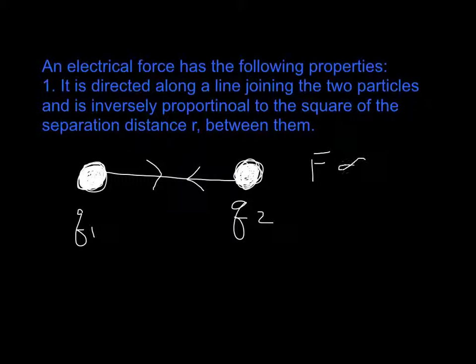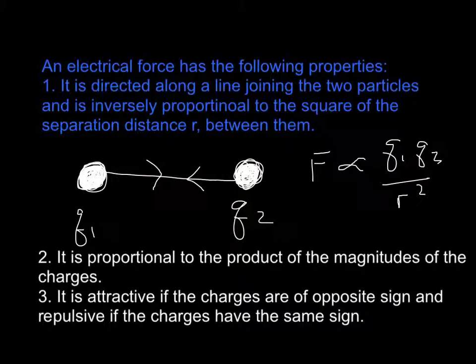And the second property, of course, is the force is proportional to the magnitude of the products of the charges. And it says also that if the charges have the opposite sign, then it is attractive, and if the two charges have the same sign, then it's going to be a repulsive force.